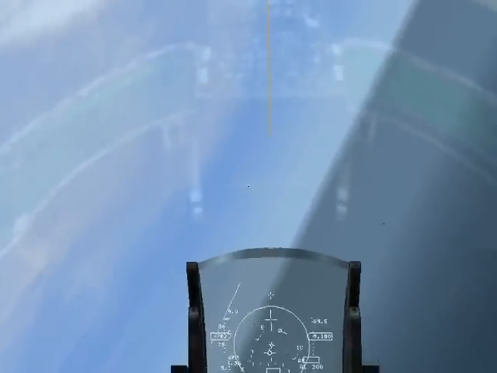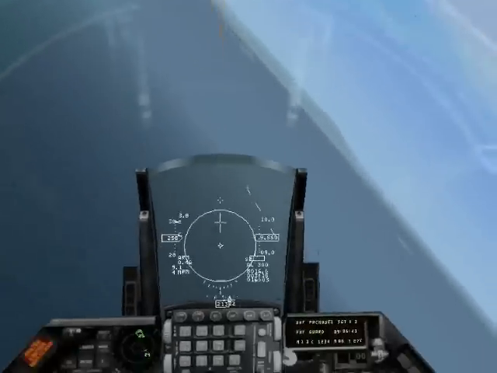Distracted and unaware of what is happening in front of your Viper, as you turn back, you suddenly realize two MiGs are fast approaching. At this point, you need to turn quickly in order to lock on to the MiG. However, as you can see, the MiG has already turned around and fired a missile, destroying your aircraft.